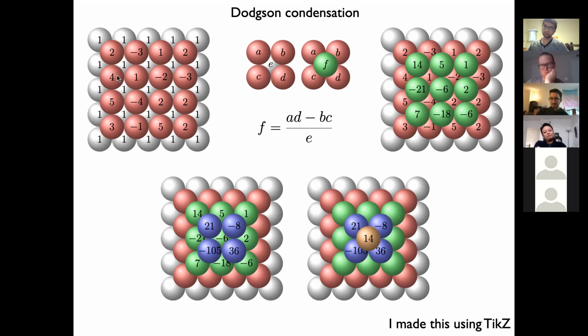So really, we're just calculating a bunch of 2 by 2 determinants, right? So 2 times 1 minus 3 times 4 is 14, and so on. I just calculated all those 2 by 2 determinants and filled them in. And now I'm going to do it again. For example, here, I'm going to have 14 times -6 minus 5 times -22 divided by 1, and that's the 21 here.